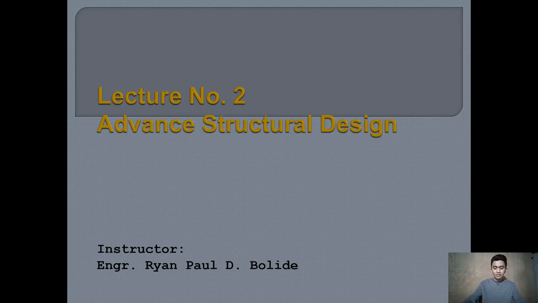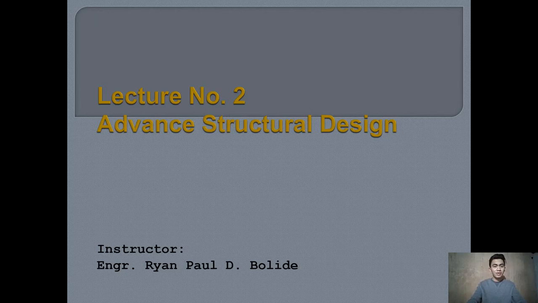Alright, before we proceed to our discussion under shored and unshored construction, let us first recall what we discussed last meeting. Last meeting, I introduced composite beams, wherein we were able to discuss and solve one sample problem. Regarding this problem, I would like all of you to go back to your notes regarding composite beams.